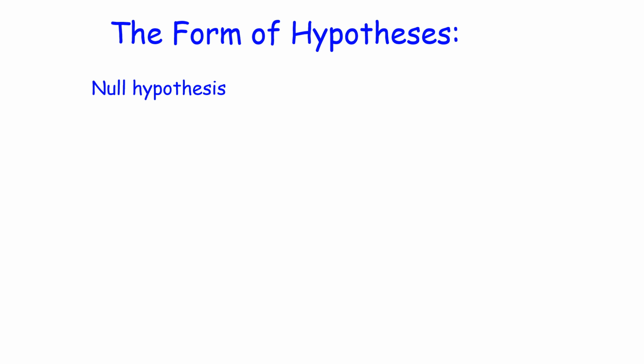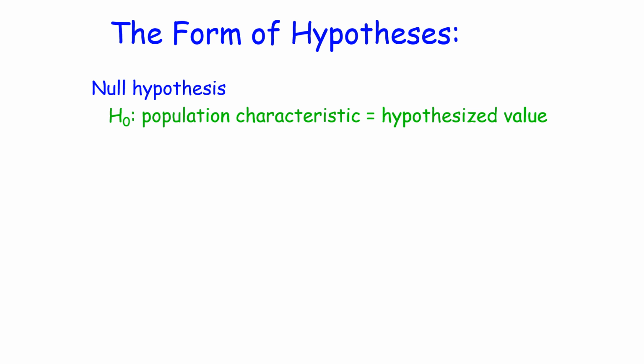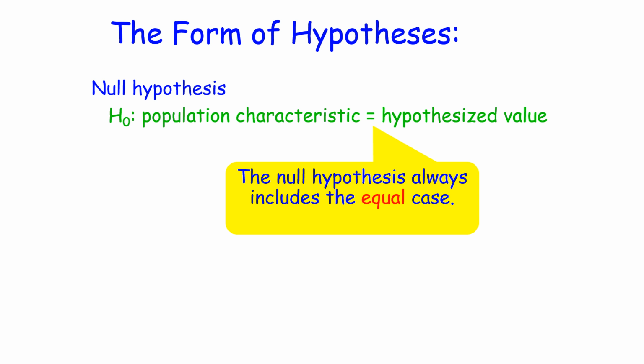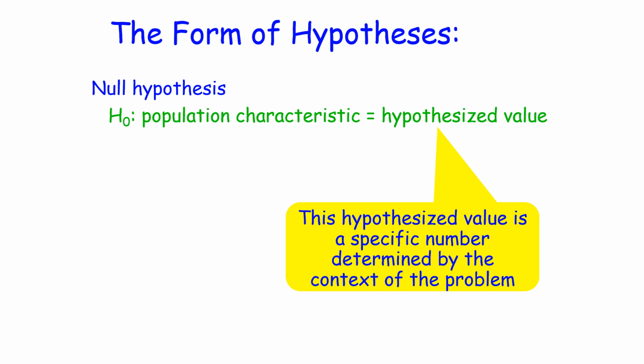What about the form of hypotheses? So the null hypothesis, or H sub naught, is the population characteristic equaling the hypothesized value. The null hypothesis always includes the equal case. This hypothesized value is a specific number determined by the context of the problem.